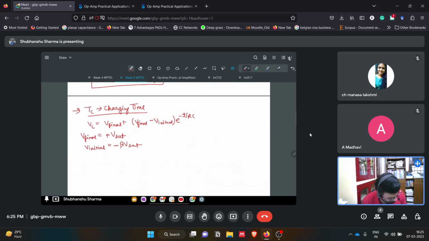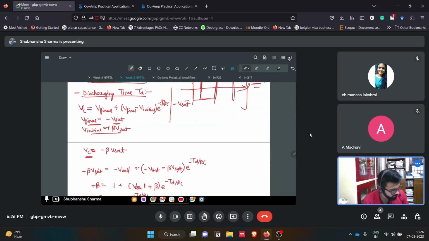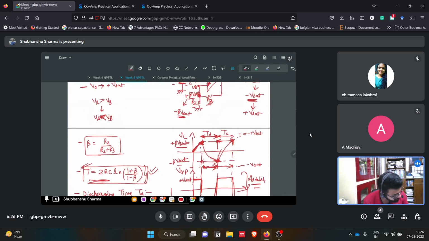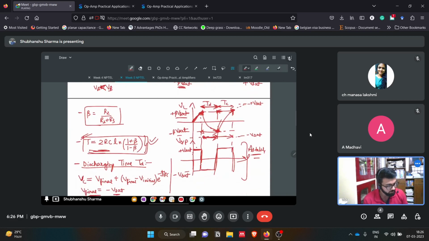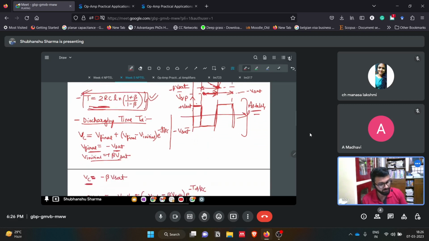Now what is VC? It is only able to achieve till beta V sat, because see again the graph. So it is going from minus beta V sat till plus beta V sat, but it wanted to achieve plus V saturation.